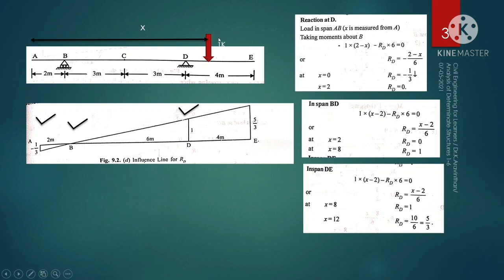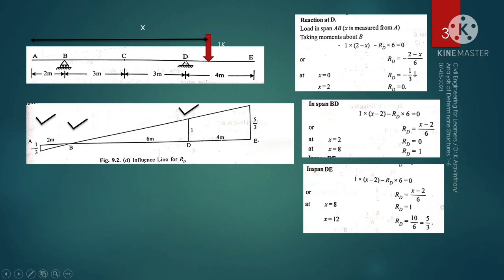The total distance is x and the distance of A and B is 2. For the remaining distance, I can use x minus 2, and this is clockwise, hence it is plus. So RD will be x minus 2 divided by 6.